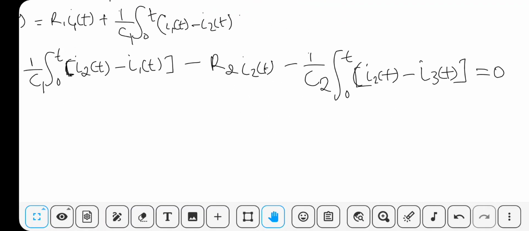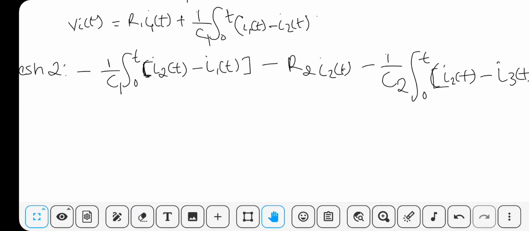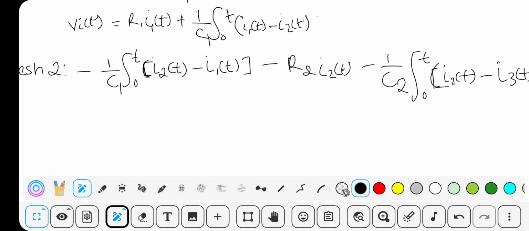So now you can leave this like this with the negative sign, or you can multiply both sides by -1, the left hand side and right hand side of the equation. Now you have positive values.